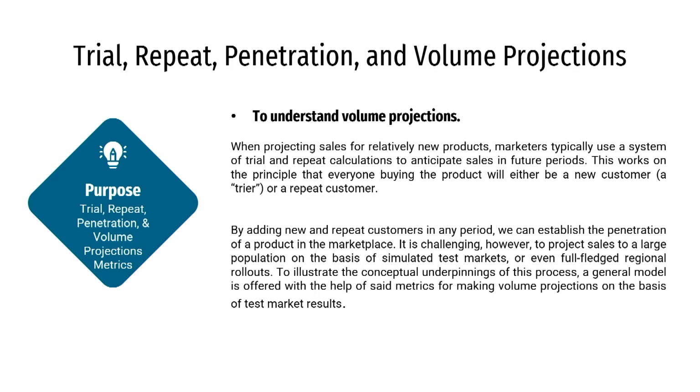This works on the principle that everyone buying the product will either be a new customer or a repeat customer. Basically, what these matrices are doing is bifurcating the two categories of customers: new customers versus repeat customers. By adding the new and repeat customers in any period, what we can establish is the penetration of the product in the marketplace.